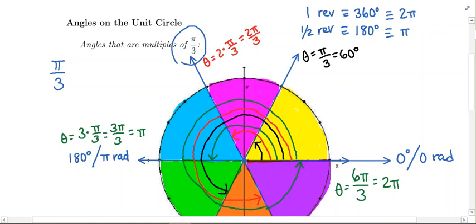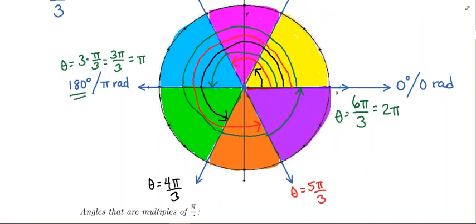For the first angle, we had our initial side and rotated to our terminal side, that would be 60 degrees. For the second angle, we go 60 and then 60 times 2, that would be 120 degrees right here. And if we rotated half a circle, there would be 60, 120, 180, which we already know.